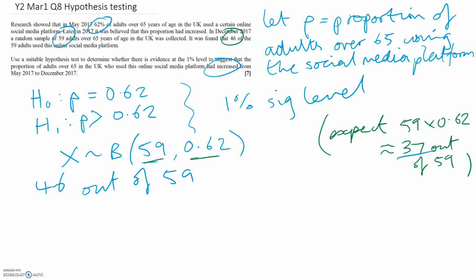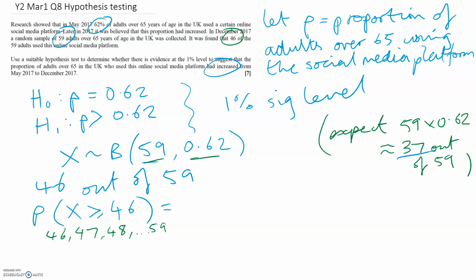So we've got to see how unusual that is by finding the probability of greater than or equal to 46 people. Now, it's a binomial distribution, as we've talked about. So we want 46, 47, 48, and so on, all the way up to 59.